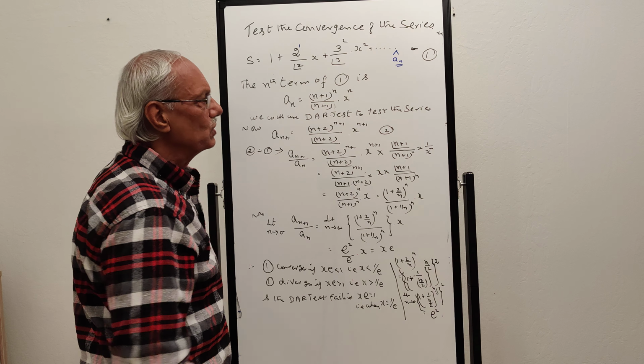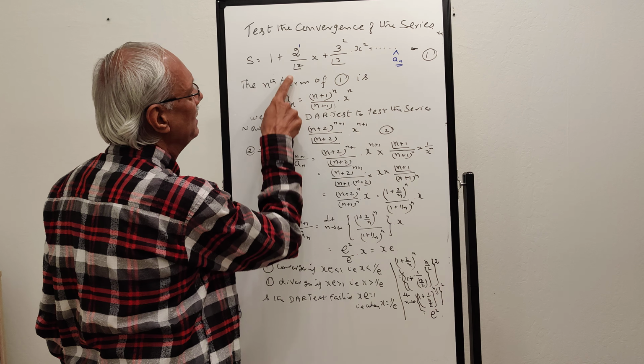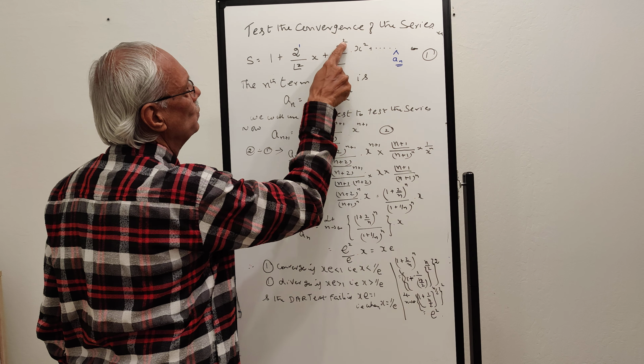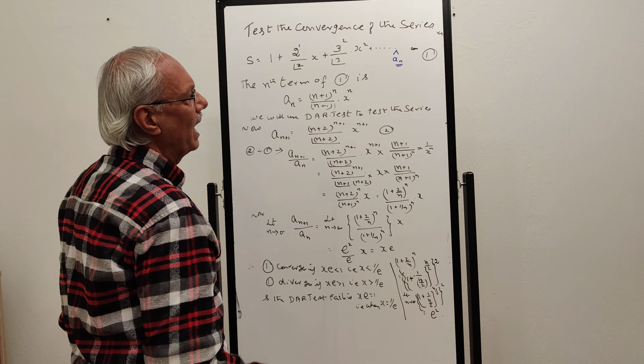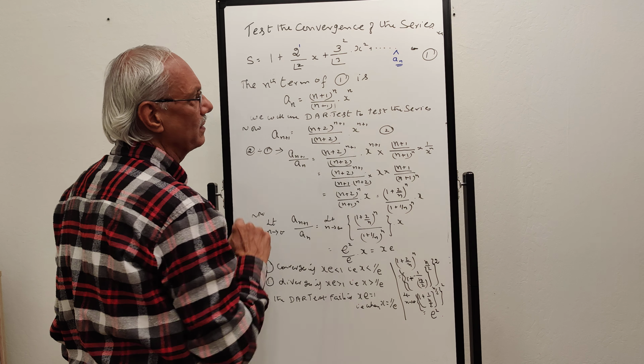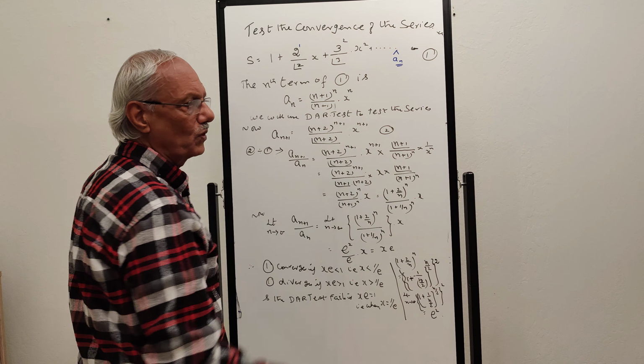So here I have written (n+1) to the power of n. Here it is 1, 2, 3, like that it goes on. So this is (n+1) to the power of n divided by factorial (n+1) into x to the power of n.